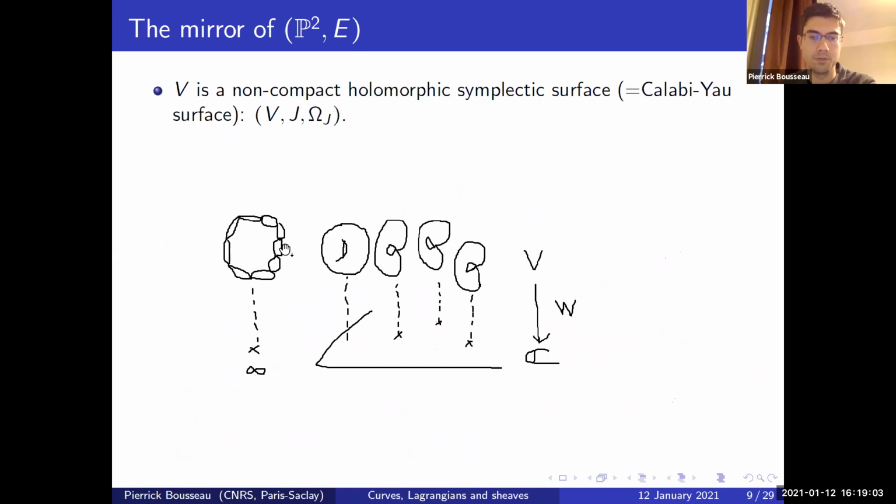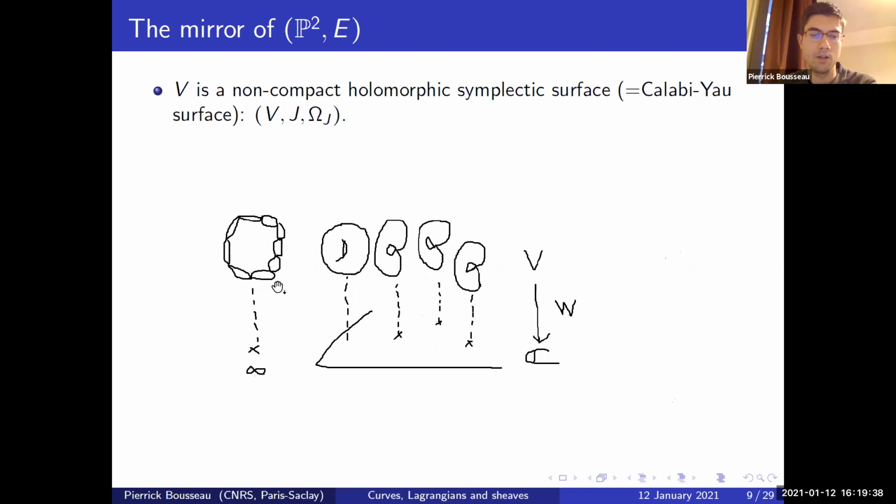So as you probably know, a general rational elliptic surface will have 12 singular nodal fibers. And here I'm looking at a non-generic situation where somehow 9 of them are at infinity and form this cycle of 9 P1s, and I have 3 singular fibers at finite distance. And so this geometry V that I've introduced as being the mirror of P2E is this elliptic fibration over C when I remove the fiber at infinity.